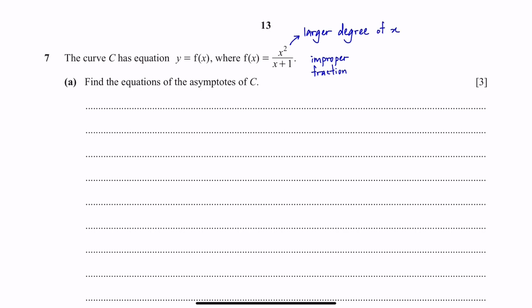So let's say I have x over x plus 1. It is also considered an improper fraction. Right? So we can divide it.